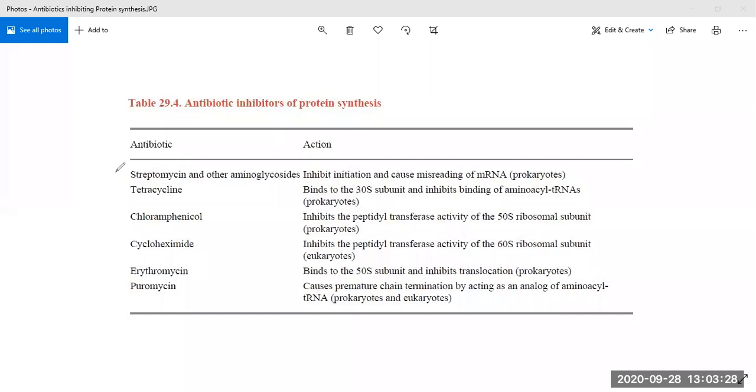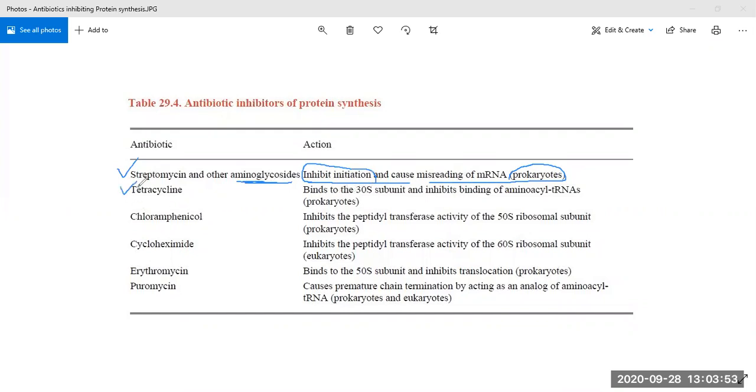For example, streptomycin, which is a class of aminoglycosides. There are others also. What do they do? They inhibit the initiation and cause misreading of the messenger RNA in case of prokaryotes. So what you have to remember? You have to remember streptomycin and other aminoglycosides inhibit the initiation process of protein biosynthesis.